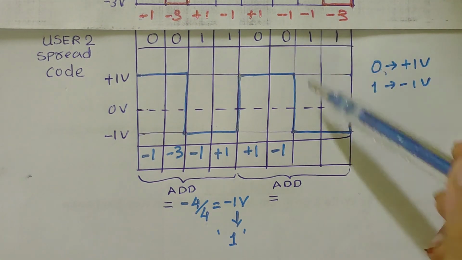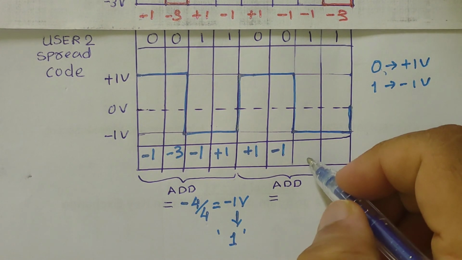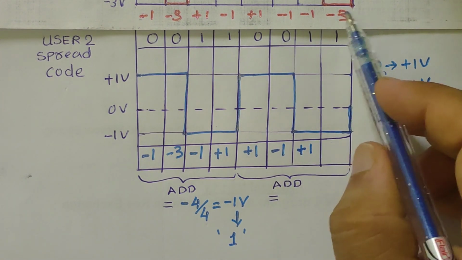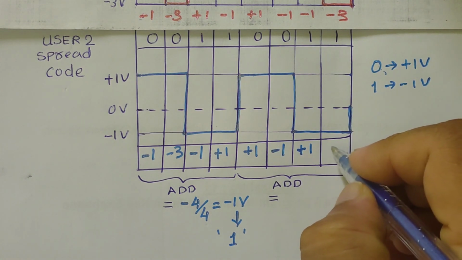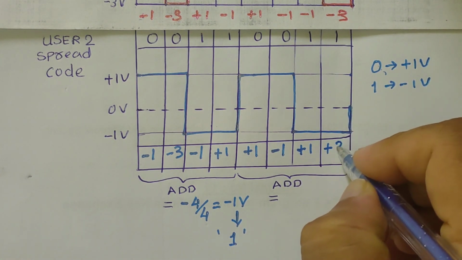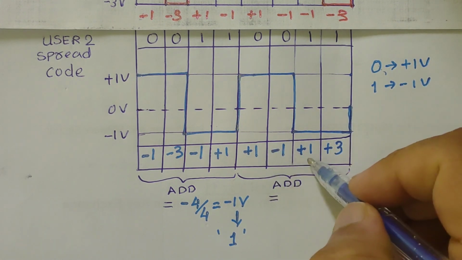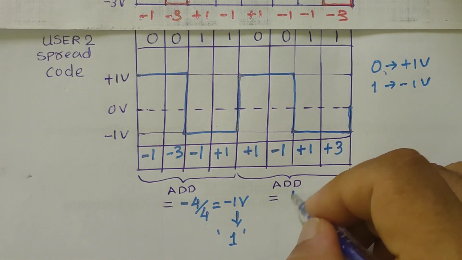Then we are having minus 1, we multiply this minus 1 with minus 1, that will create plus 1 for us. And then minus 3 will be multiplied by minus 1, so that is how we create plus 3. Fine. So these two values are going to get cancelled out, and plus 1 and plus 3 will become 4 here.